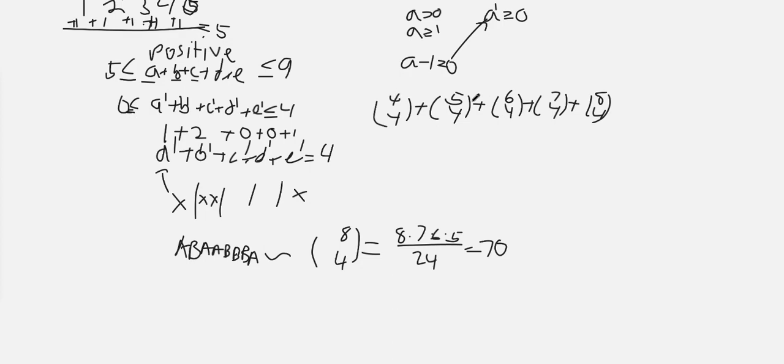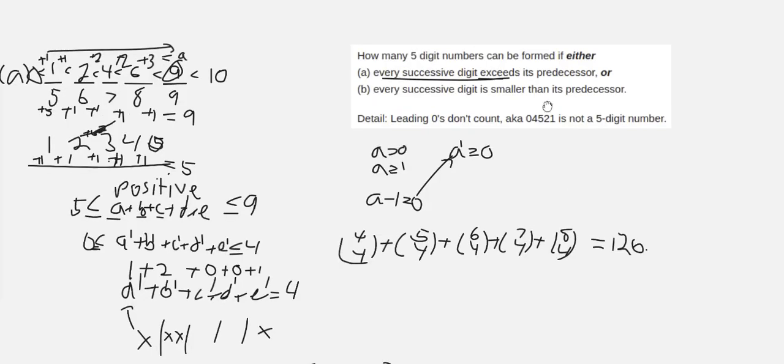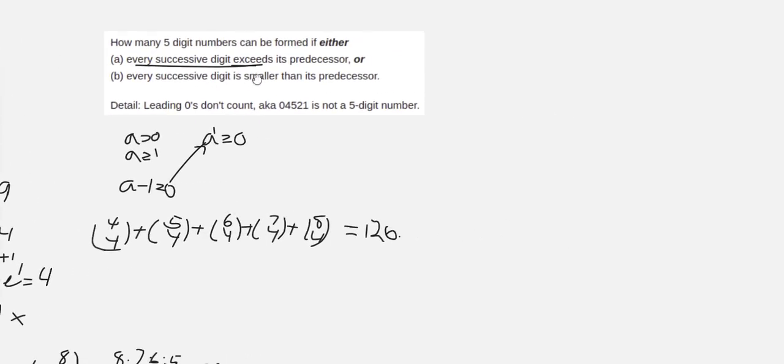So this is 4 plus 0, 4 plus 1, 4 plus 2, 4 plus 3, and 4 plus 4. And we're always going to have 4 pluses, which in our case is like the number of B's in our word. So we're always choosing 4 of our objects. And this comes out to 126. And that's only part A of this problem.